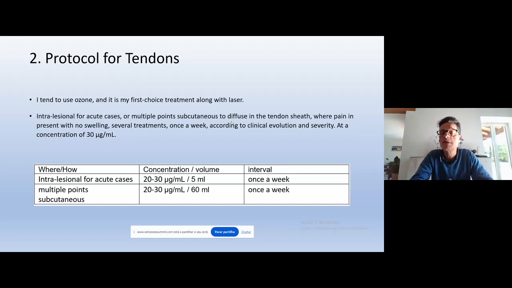I can do once a week, and that's the information that I leave you here. And I use these concentrations because they are the most anti-inflammatory concentrations, close to 30.